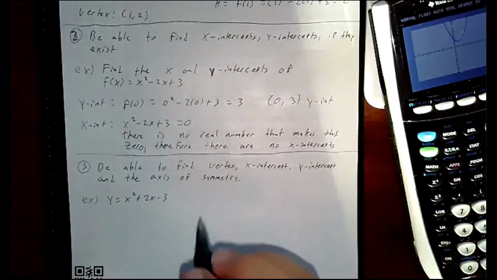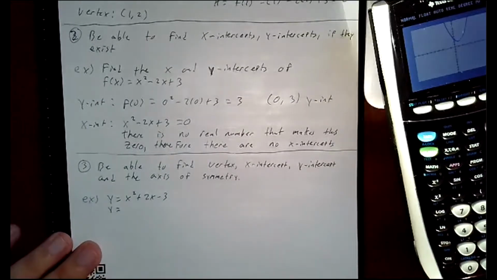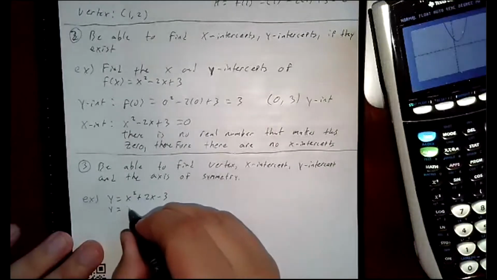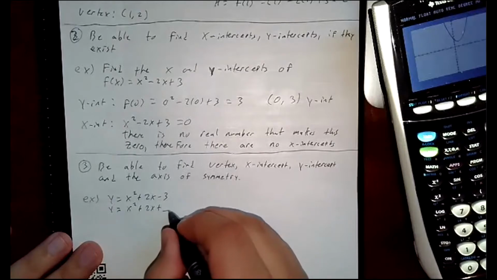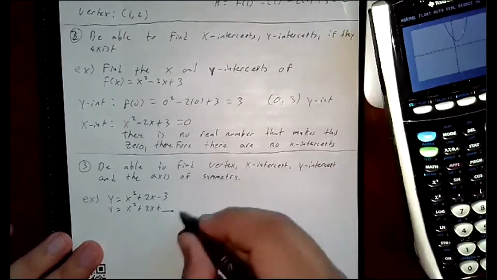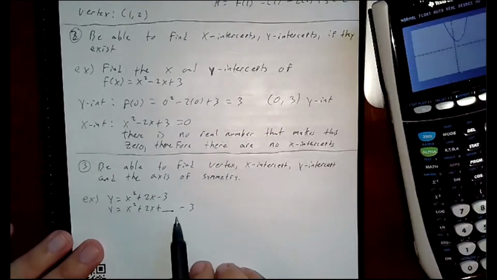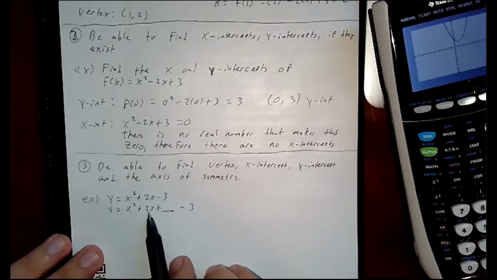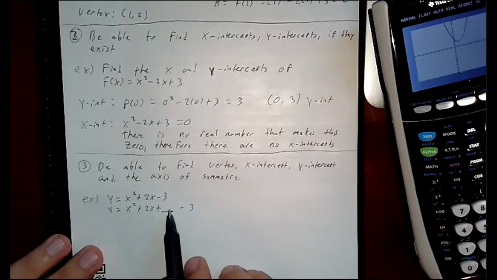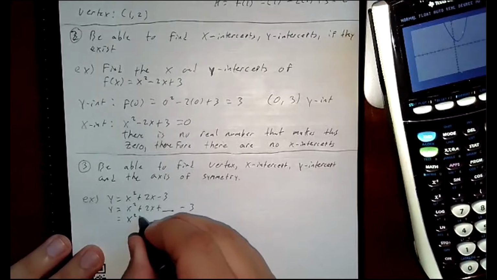If you complete the square, remember we said you make a space here. Then you figure out the special number that will complete the square in order to factor it. To find that number, you take half of the b term and square it. Half of 2 is 1. 1 squared is still 1, so you're going to add 1.